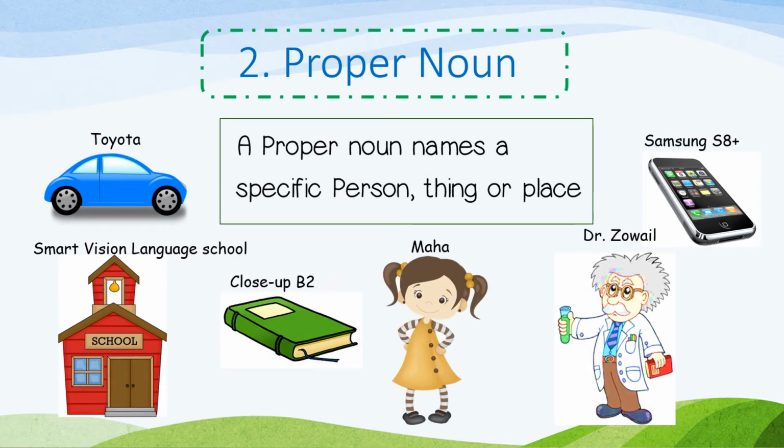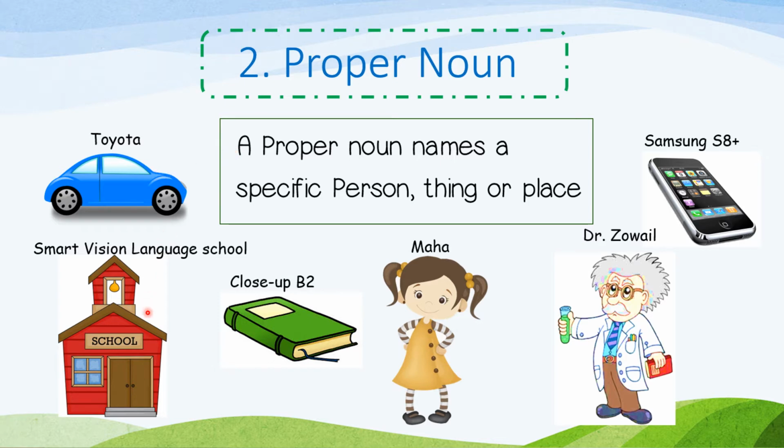Okay, number two is proper noun. And when we talk about the common noun, we must mention the proper noun. Why? Because proper noun, on the contrary, is a specific person, a specific thing, or a specific place. Not any car, but a Toyota.